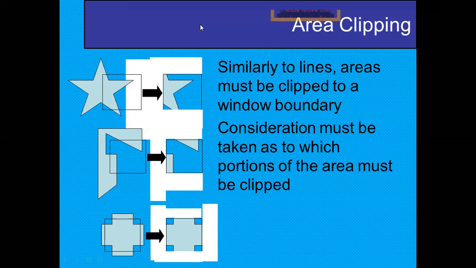But in this case we will choose the particular area of the image, which area is lying inside the window and which is lying outside. We will clip that portion which is lying outside, and which is lying inside we will retain. So this is called the area clipping, after the line clipping or point clipping.